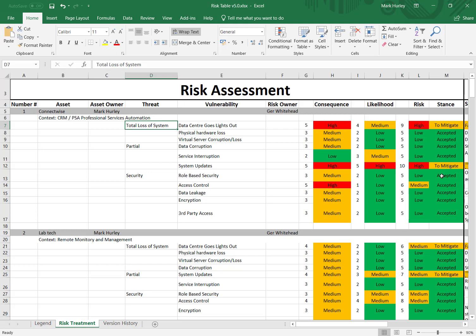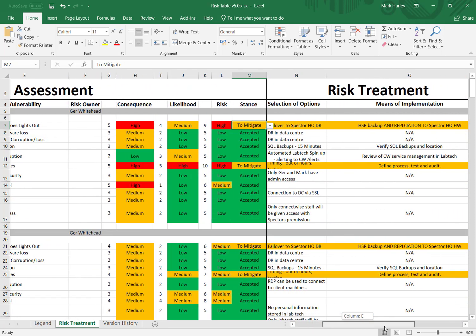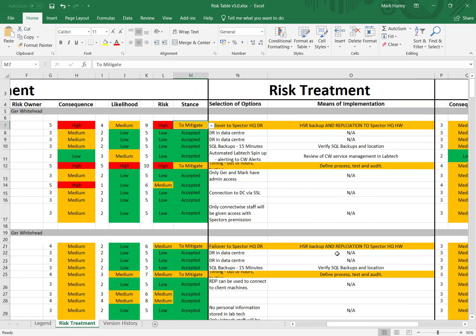Yeah. And because of that, we have to mitigate it, right? We have to deal with it. We have to choose our stance on that risk. So our stance here is to mitigate. And as I roll forward, what are my options here? So I'm looking at how do I treat that risk at this point. Now in this situation, we're failing over to our disaster recovery environment.